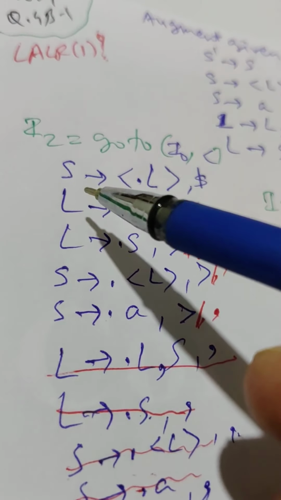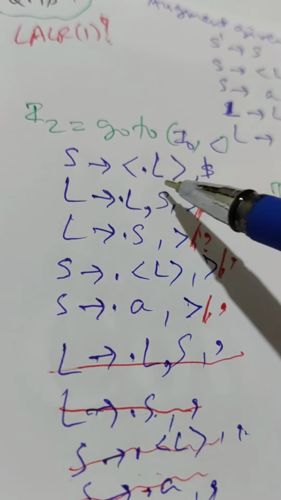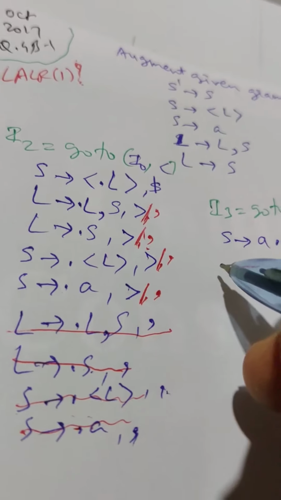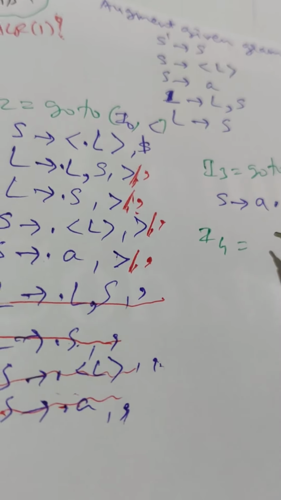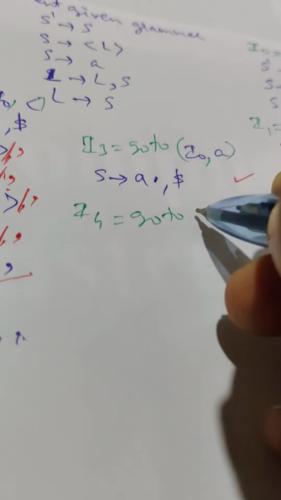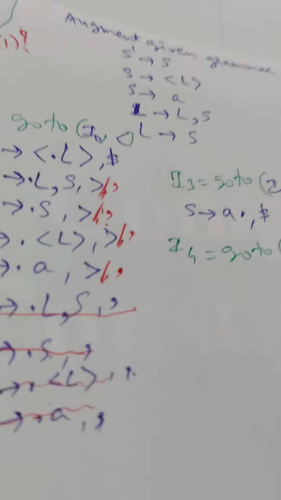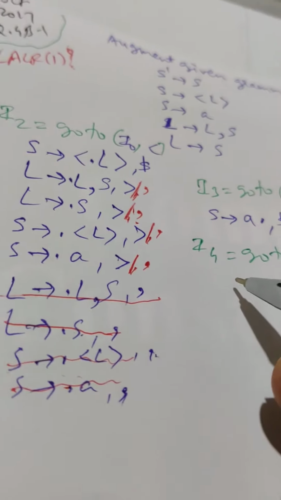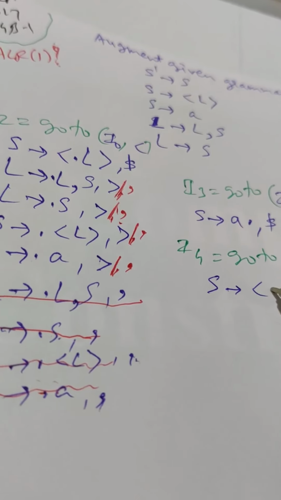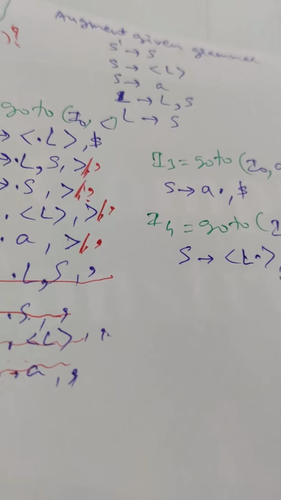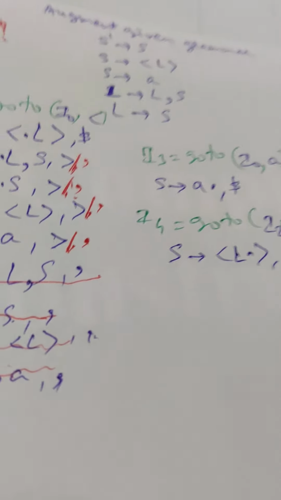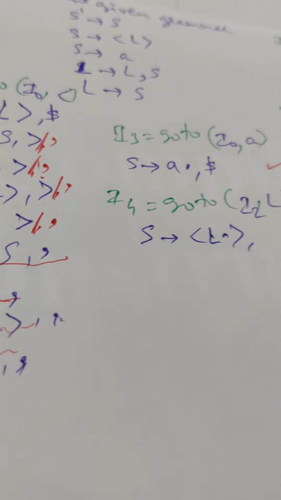Okay, now in this I2 here we get I2 comma L. So next item, item number 4, is going to be goto of I2 comma capital L. That's going to be S goes to opening bracket L dot closing bracket. It's a closing bracket, that is a greater than sign, and then we have to copy that dollar as well. So we have here dollar.